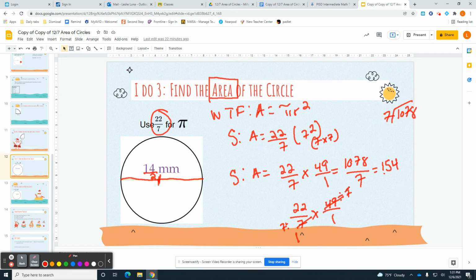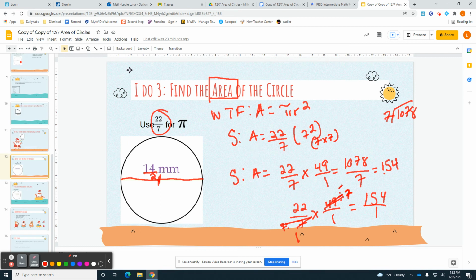And that gives me 7 as my answer. So I have 22 times 7 and 1 times 1. So that would be 1. And 22 times 7 would give me 154. So you see how I did the same work, I just simplified.